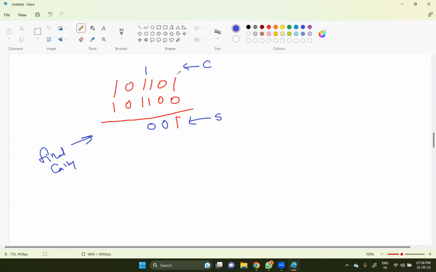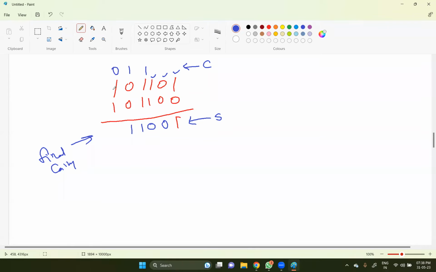Now, up to this point, only a half adder is used. But if you consider 3 bits here, since 3 bits are available, the sum is one and the carry is 1 here. And here also 3 bits are available: 0 plus 0 plus 1, 1 is the sum, and the carry will be 0.